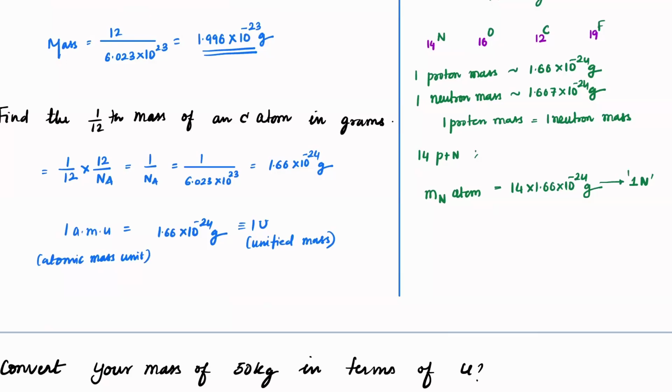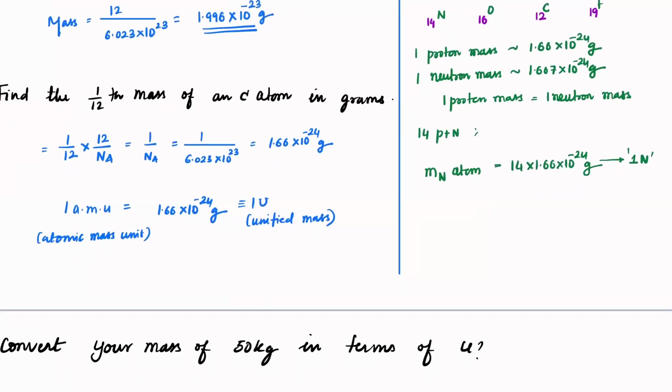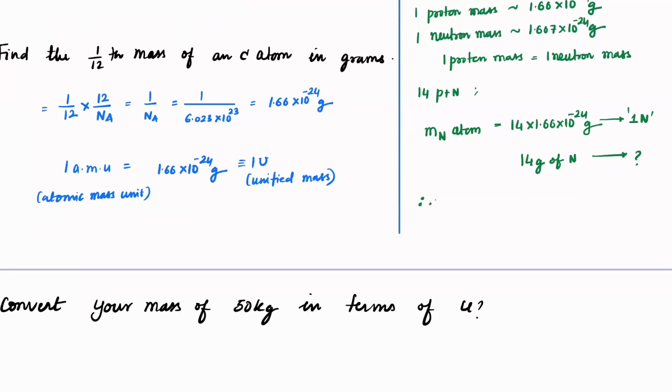Now listen carefully. Always try to convert this mass number into grams. Then what will happen? If 14 times this value is equivalent to one nitrogen atom, then 14 grams of nitrogen will be equivalent to how many nitrogen atoms? Therefore, the number of nitrogen atoms present will be 14 grams divided by 14 into 1.66 into 10 raised to power of minus 24.